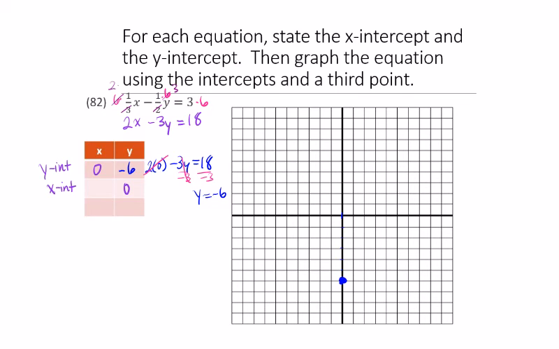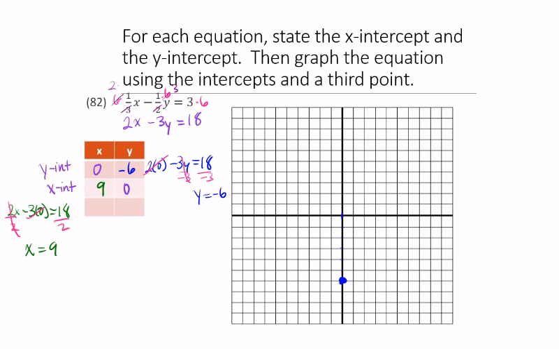So now for the x-intercept. So do it on this side over here. So now I'm going to set y equal to 0, so it's going to be 2x minus 3 times 0 equals 18. 3 times 0 cancels out, so basically I'm just going to divide both sides by 2, and so I'll get x equals 9.